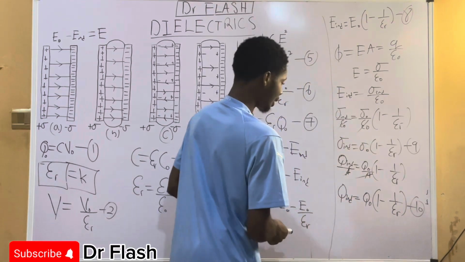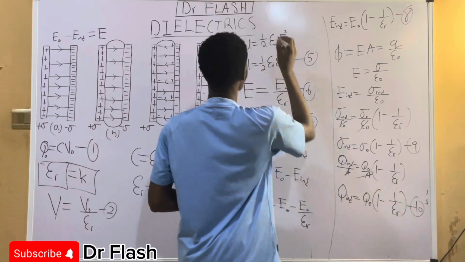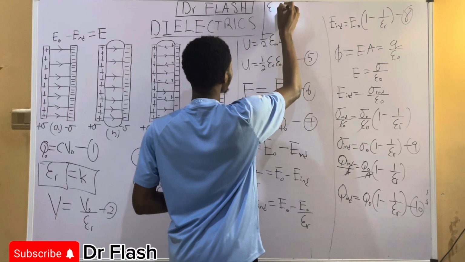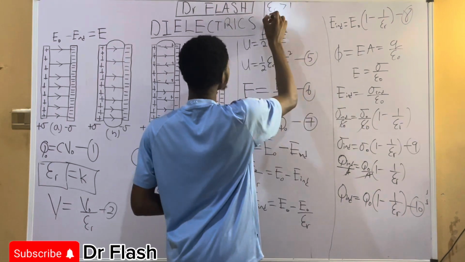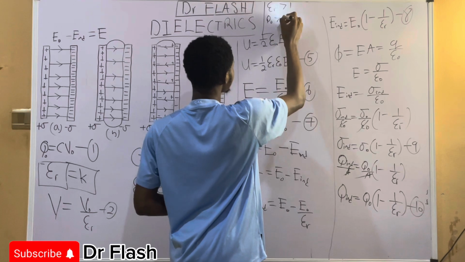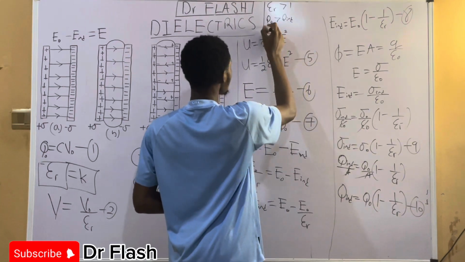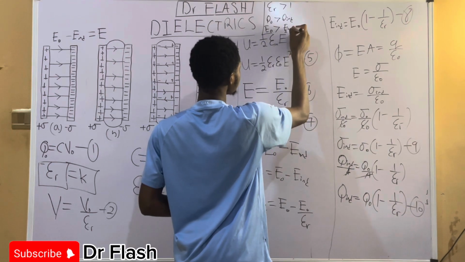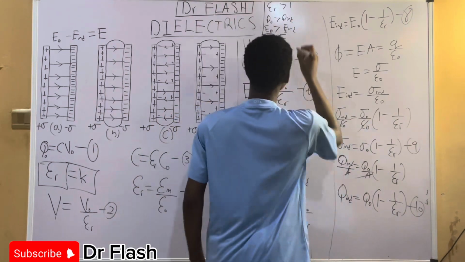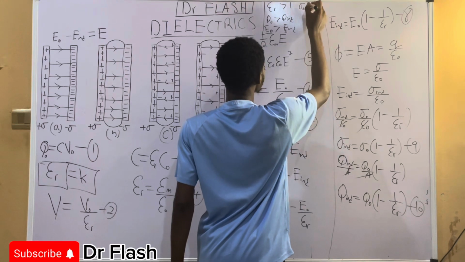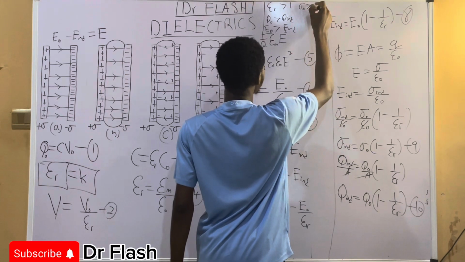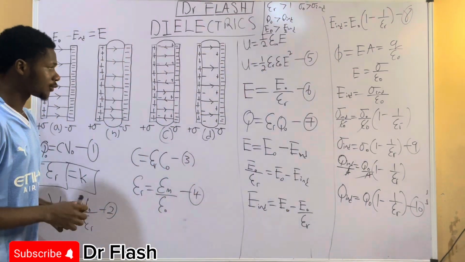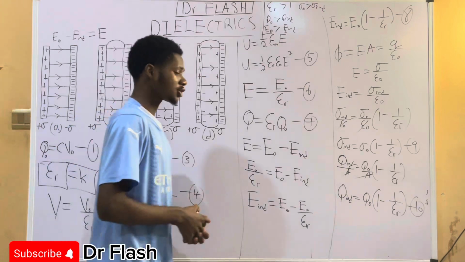Because epsilon R is always greater than 1, it means Q naught has to be greater than the induced charge, E naught has to be greater than the induced electric field, and sigma naught has to be greater than the induced charge density. It's important to take note of these as well. They could be possible examination questions.